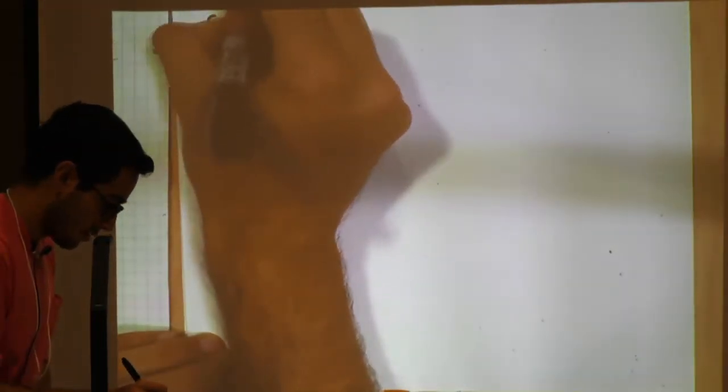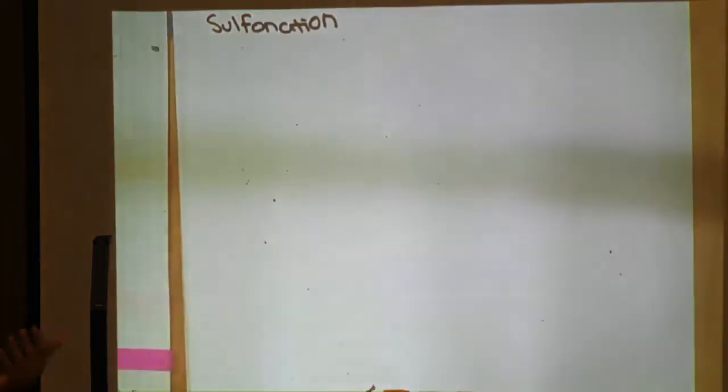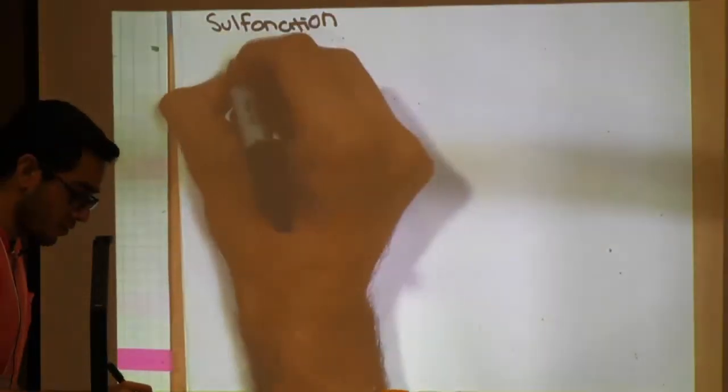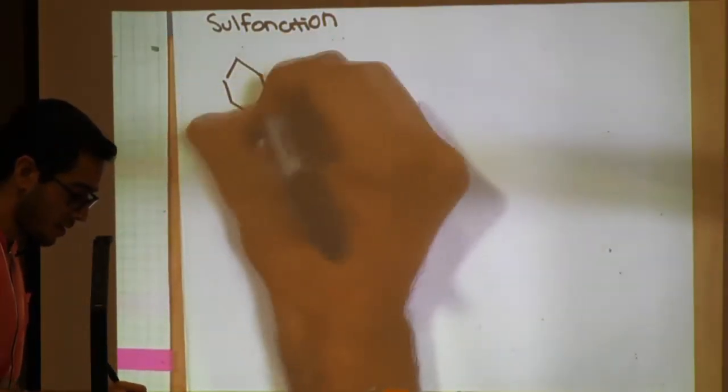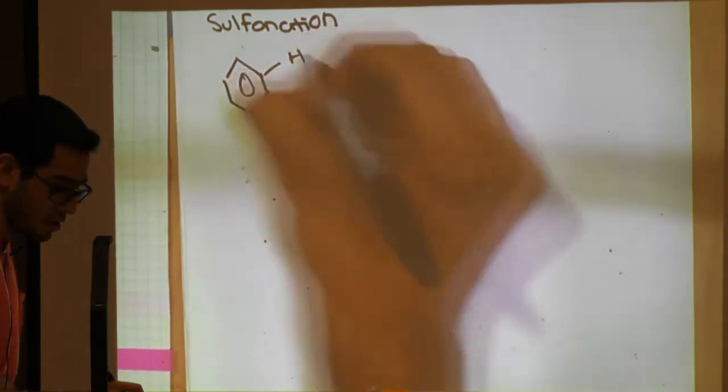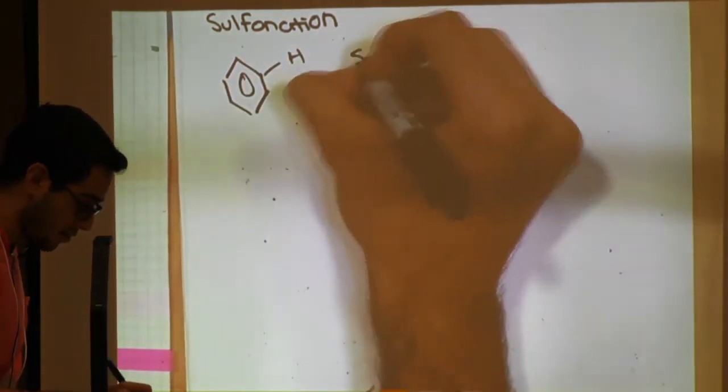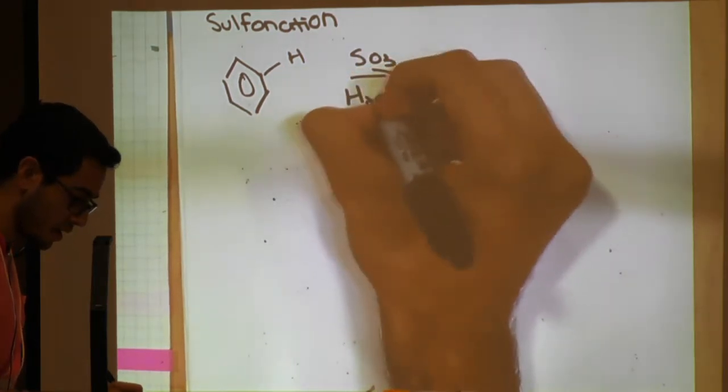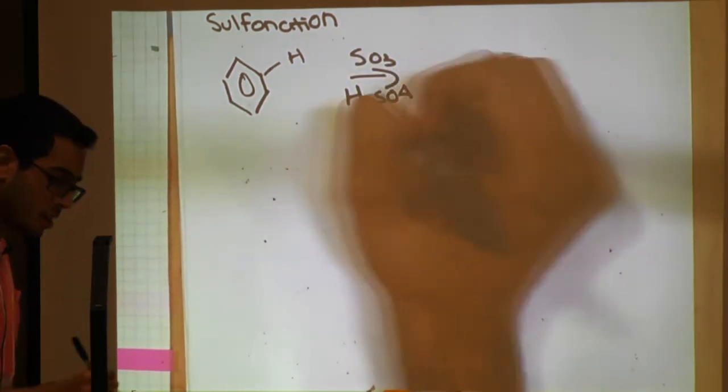Okay, the next one, right, is going to be sulphonation. And all of these are 5 different mechs that have different names, but they all undergo the same reaction, which I'm going to go into a little more detail when I cover all of them, right? So sulphonation is going to take our ring, and this time we're adding SO3 and H2SO4, right?